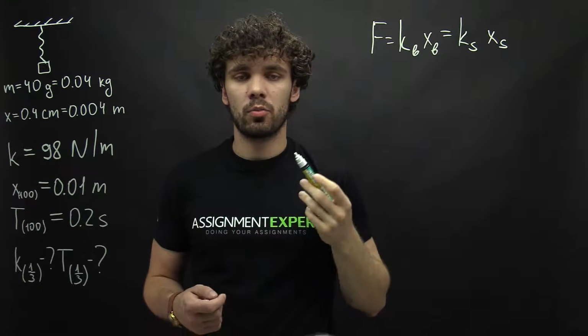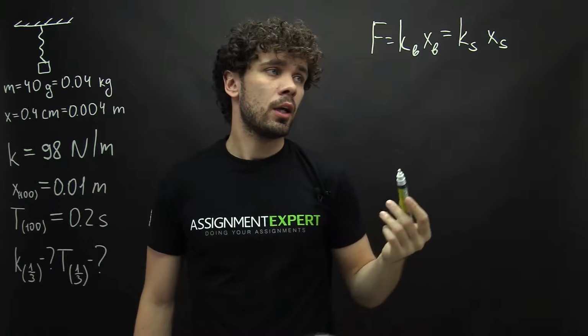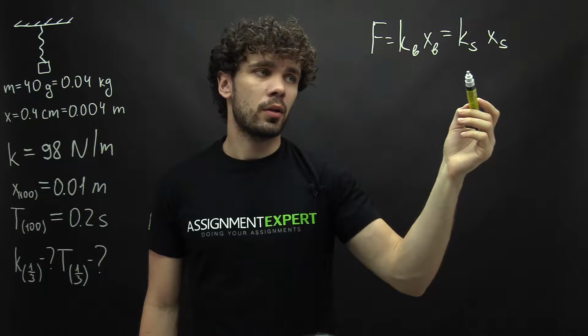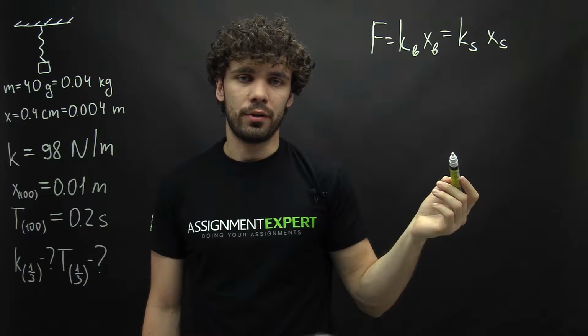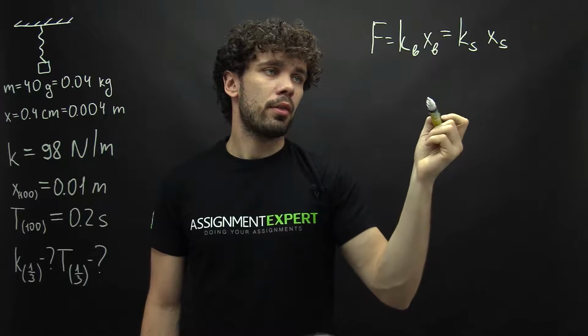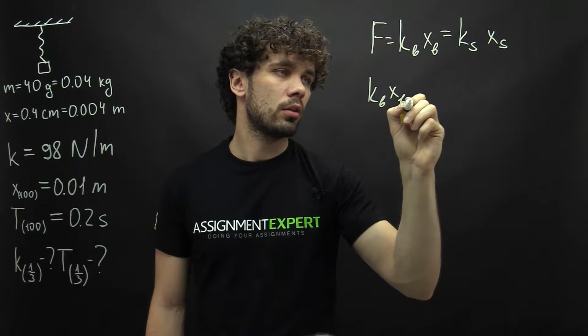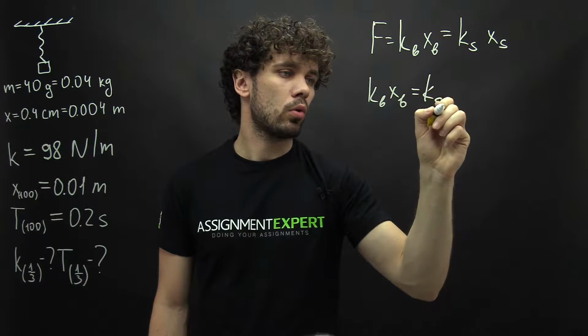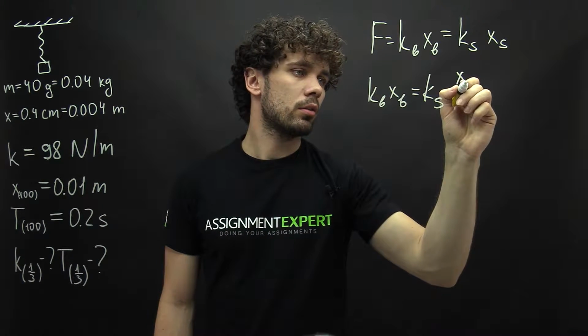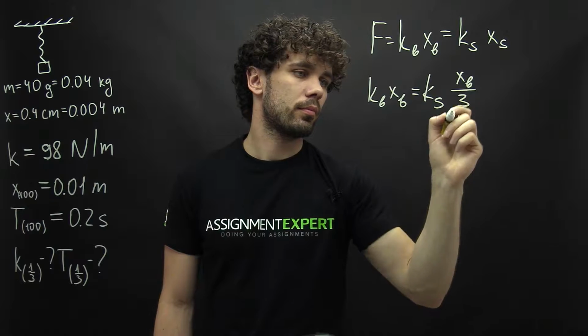Knowing that we divided the spring into 3 equal parts means that X small equals X big divided by 3. So now we can rewrite this as K big times X big equals K small times X big divided by 3.